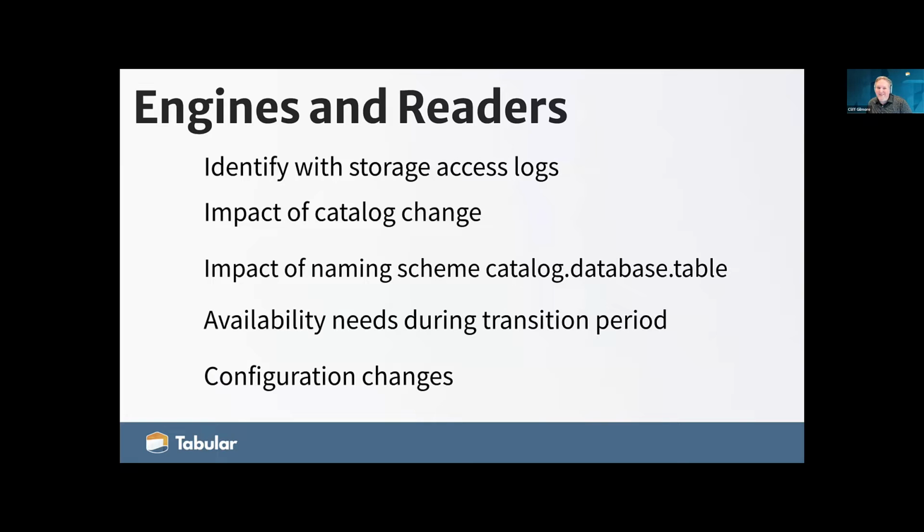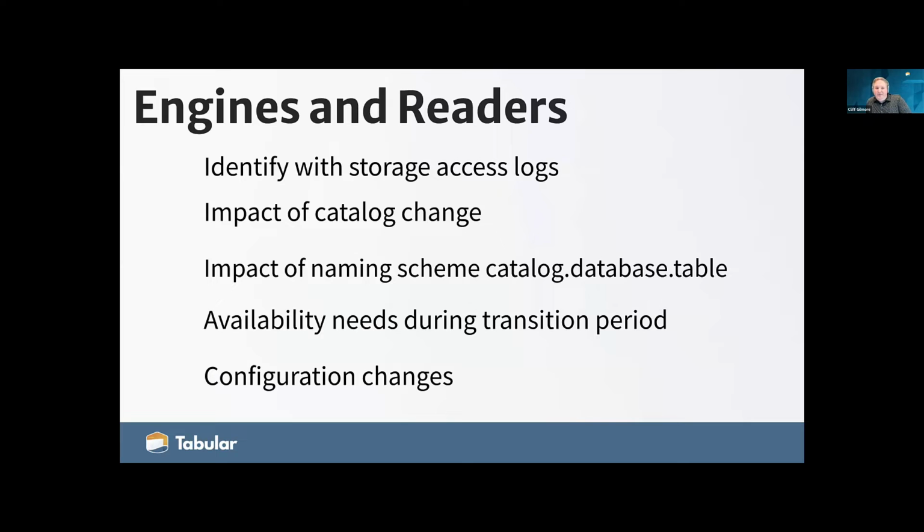So the first thing I always suggest is identify who's reading what. You can do that using something like an S3 storage access log or other access logs across your system, and just your organizational knowledge. But you will need to know this because you'll want to orchestrate updating the environment, and your decision-making process will be somewhat driven by how much you know about the overall ecosystem of your reading things.